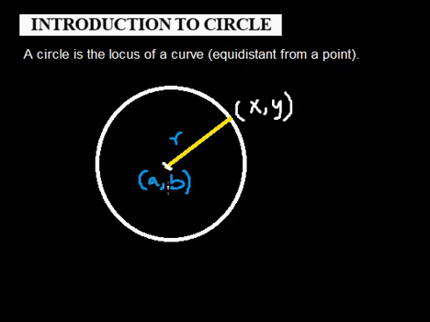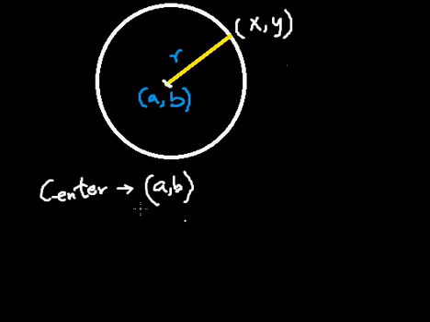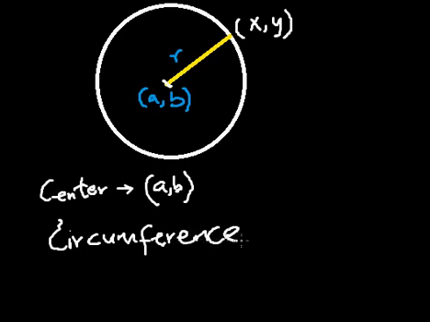So the center of the circle, please take note, I'm using the coordinate a comma b. That is the initial point, then the final point, which of course is the circumference, is x comma y.